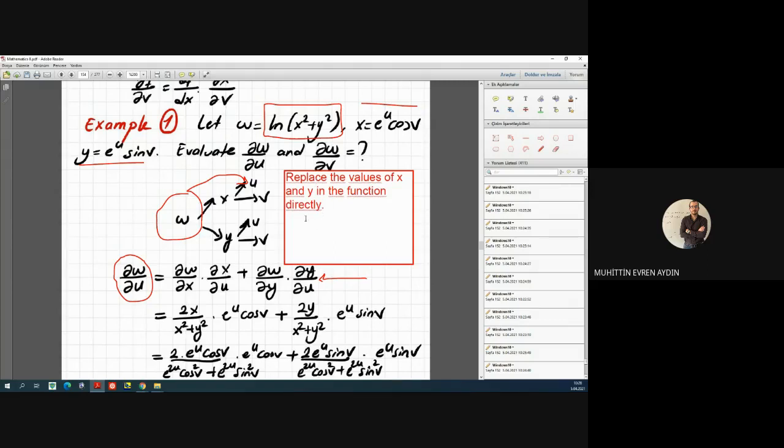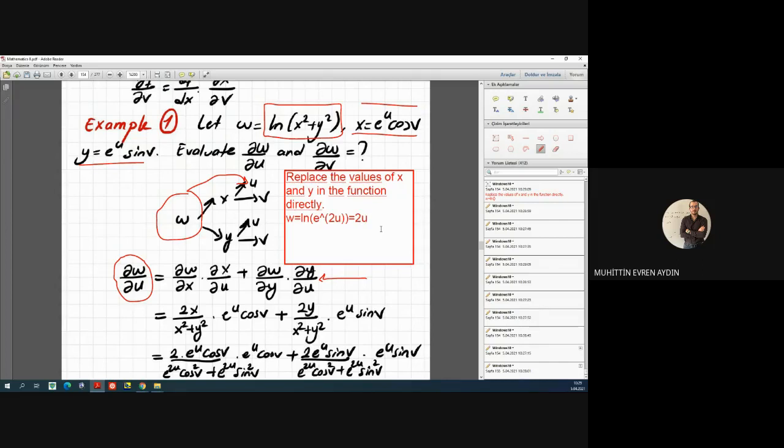If we replace x with e^u cosine v and y equals e^u sine v, we obtain the logarithm of e^(2u), because cosine squared plus sine squared equals 1. Then the logarithm and e cancel, and we have 2 times u.